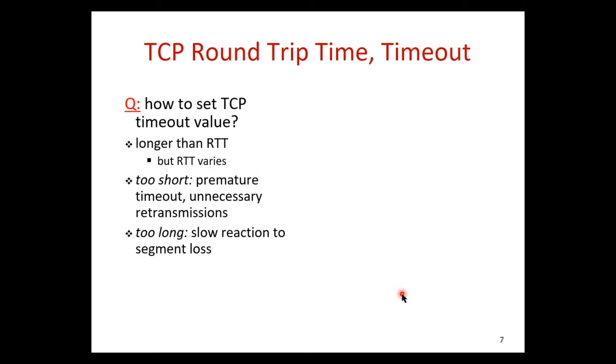It will tell you how TCP calculates the timer value, and then there are some circumstances where it will increase the timer when it times out. So we don't want to set it too short, and we don't want to set it too long. Too long will slow down the reaction to segment loss, because if there's a packet loss, we don't want to wait excessively long before we retransmit.